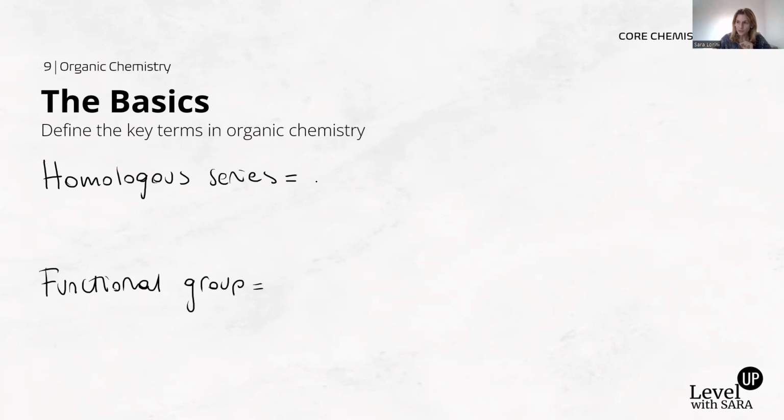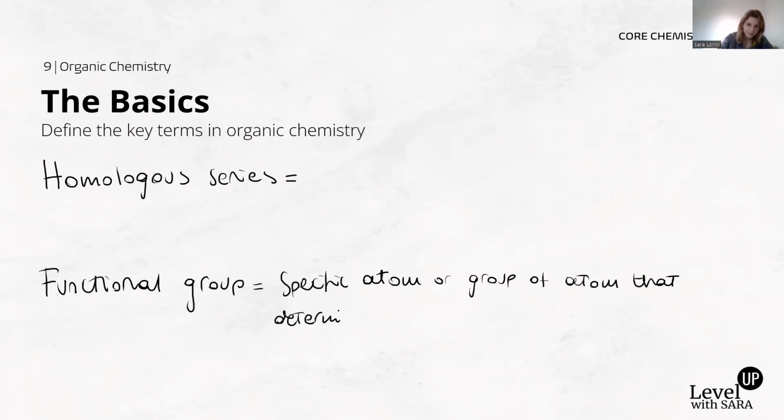Which means that a functional group is a specific atom, or a specific group of atoms, that determines the chemical and physical properties of the molecule.